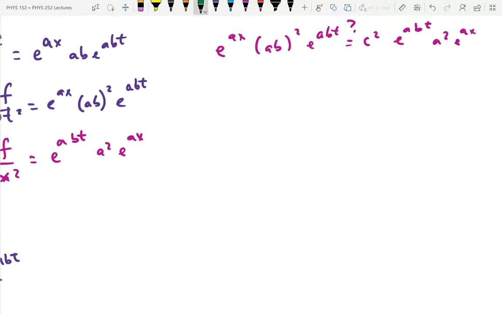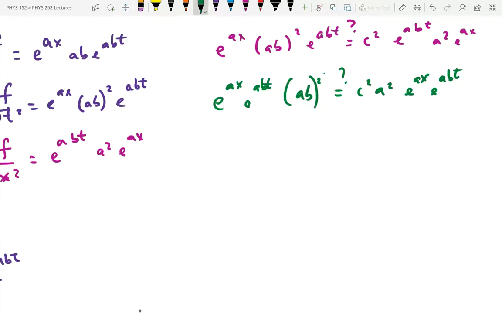Now, we'll notice right away that we can factor out all the stuff that's x and t. So I have these on both sides.